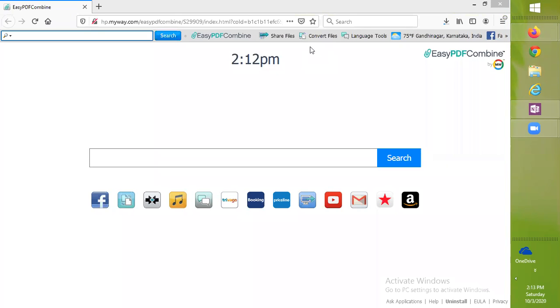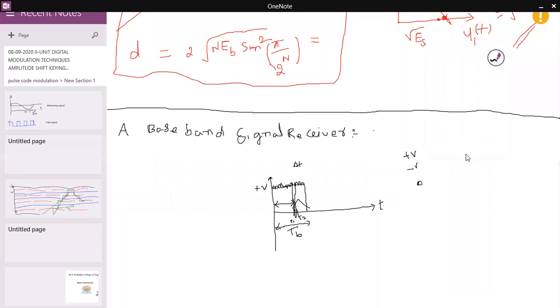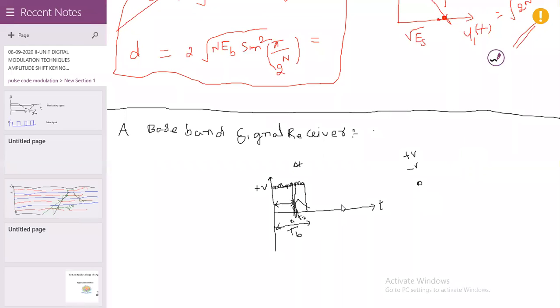There is no error. But if the noise signal crosses the reference value, that is, if the noise voltage is greater than minus V volts while the data signal's actual amplitude is plus V volts, then obviously the negative voltage is obtained at the output of the receiver.